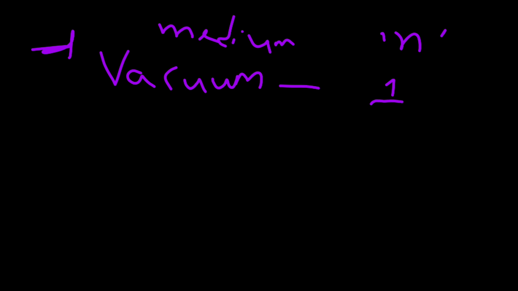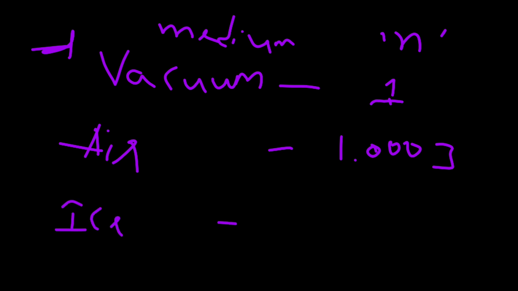You need to remember these n values. The refractive index of vacuum is 1. The refractive index of air is 1.0003. The refractive index of ice is 1.31. I am not writing any unit because refractive index has no units. Next, water: refractive index is 1.33.